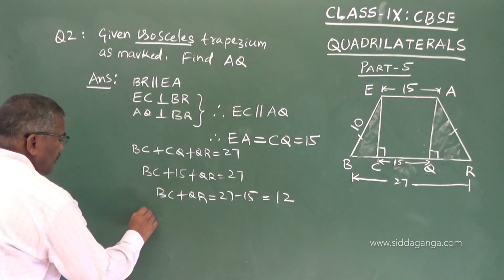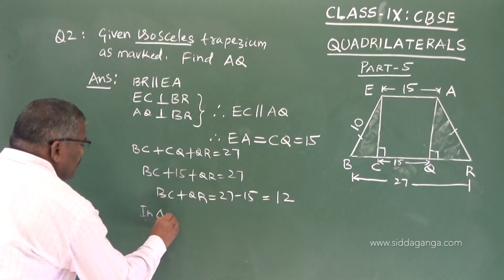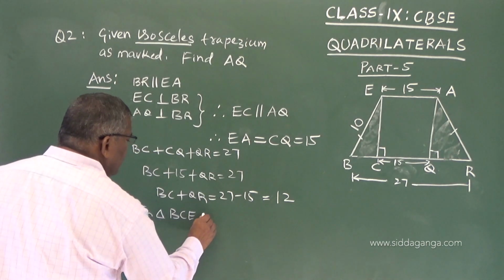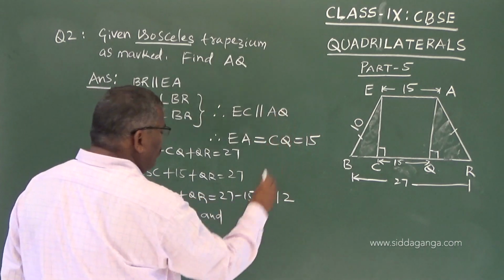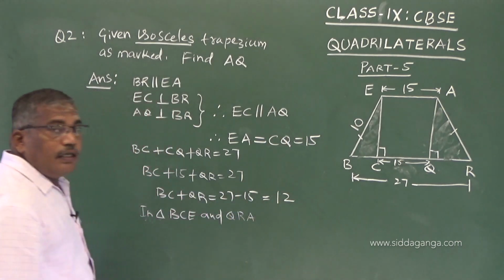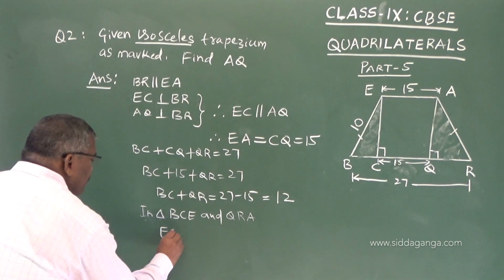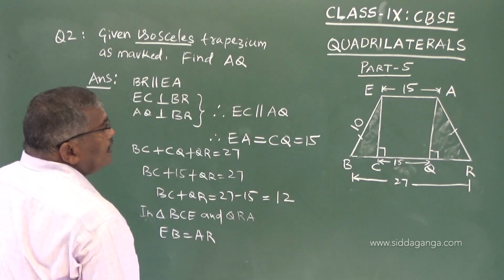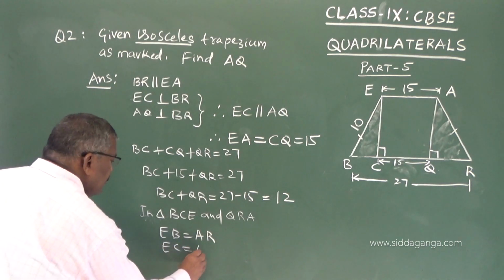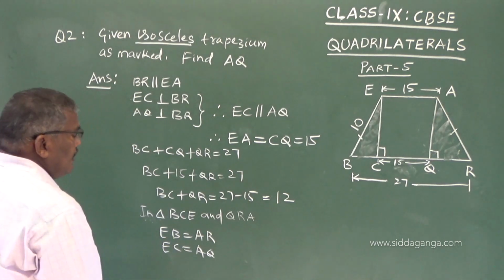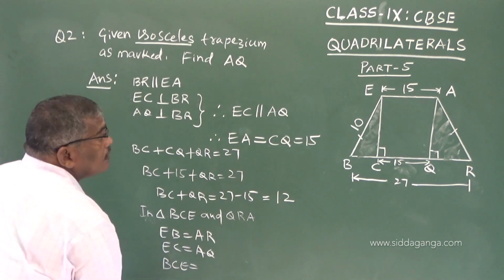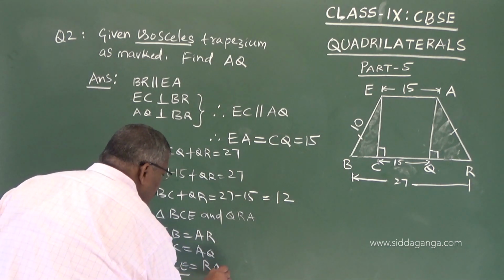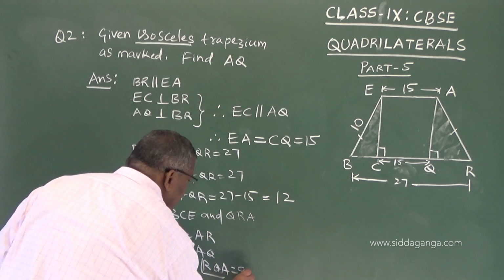So I will write, in triangle BCE and QRA, you observe EB is the leg, EB is equal to AR, EC equals AQ, and angle BCE equals angle RQA, this equals 90 degrees.